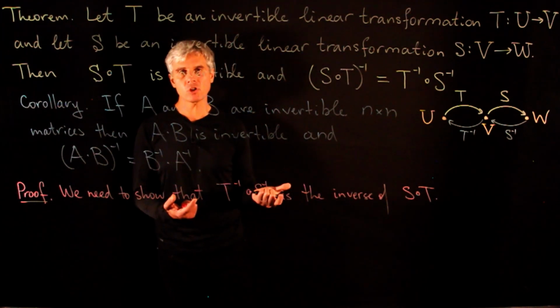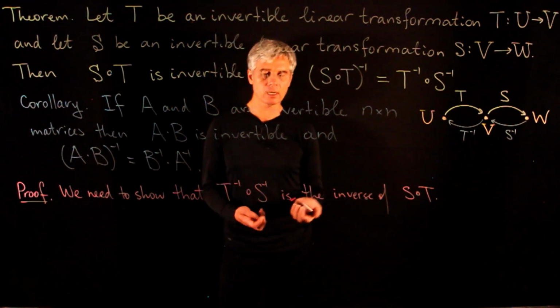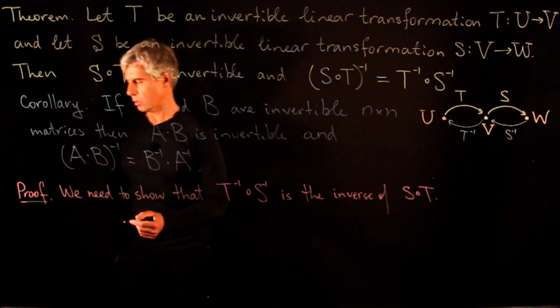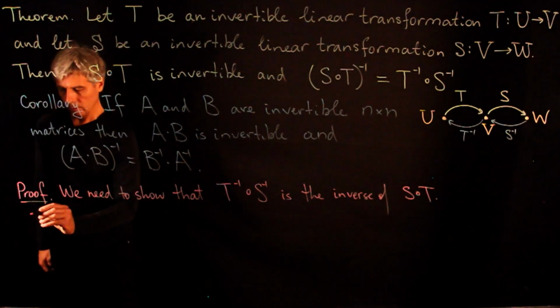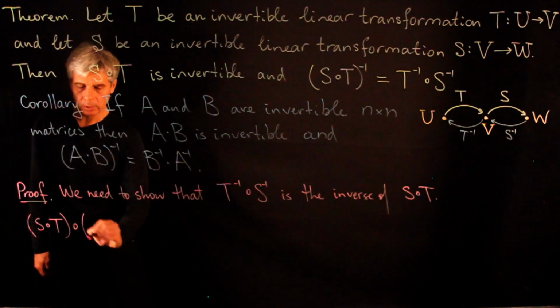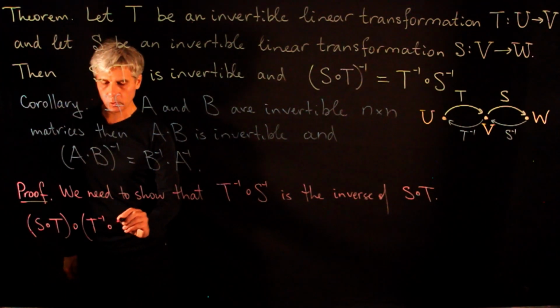Well, we take compositions in both orders. And if both compositions are equal to identity, then we do have inverses. So we need to compute S composed with T composed with T inverse composed with S inverse.